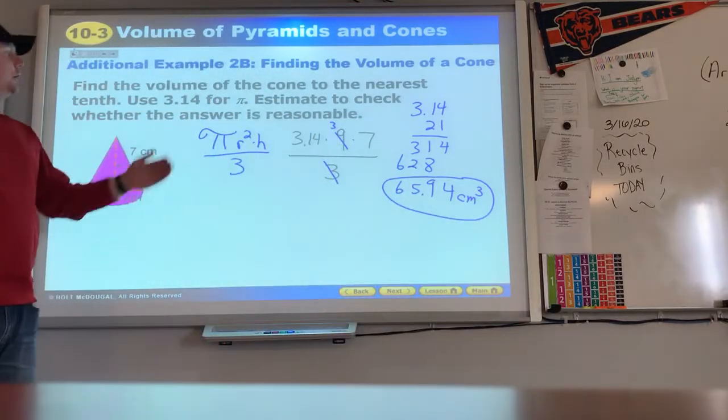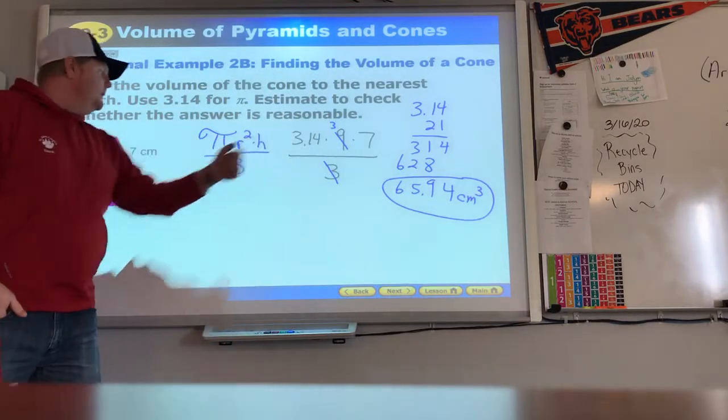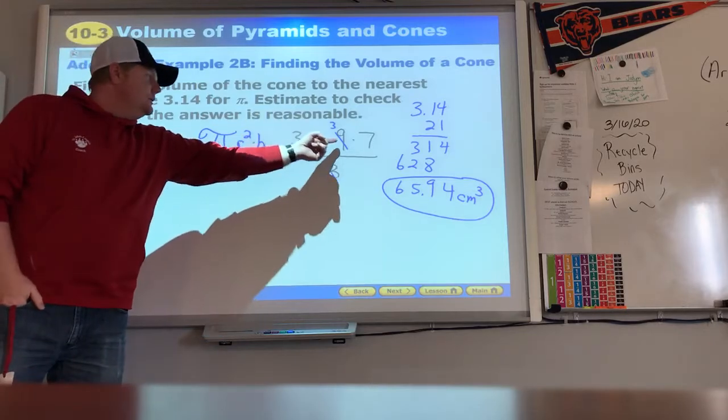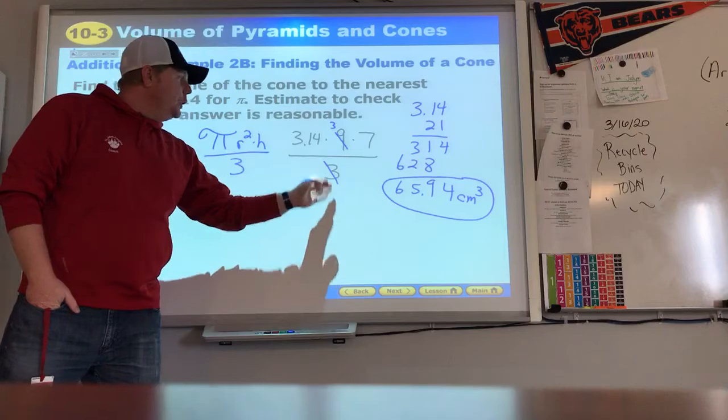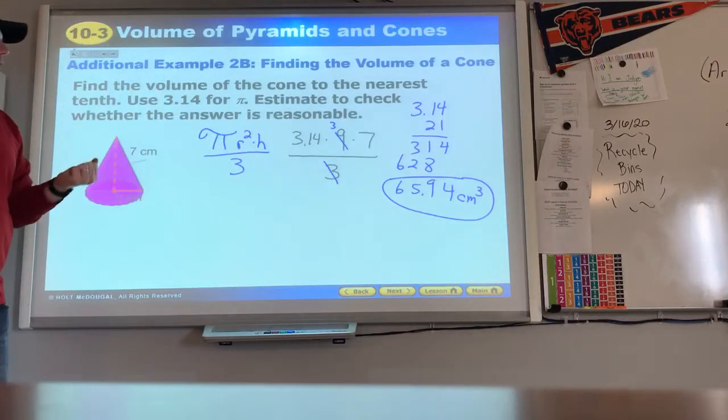Okay. Knowing what pi is, knowing what the radius is, 3 times 3 was 9, knowing what the height is, knowing I can reduce, and then we can go on.